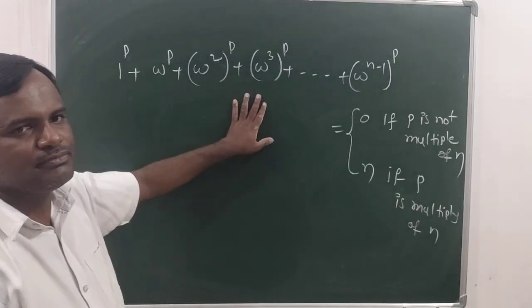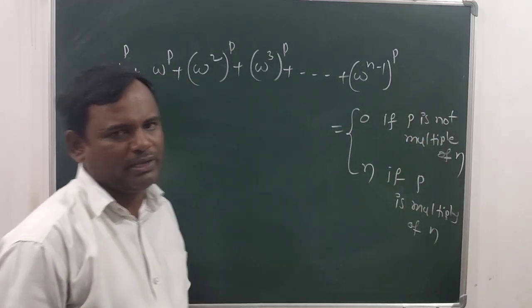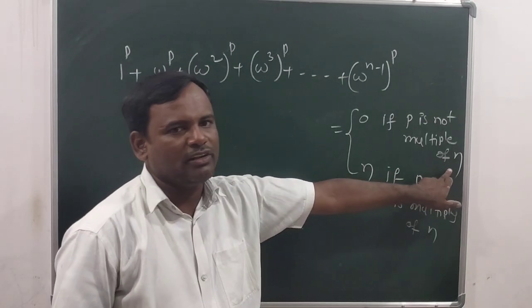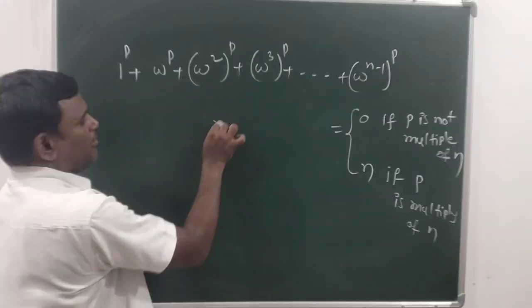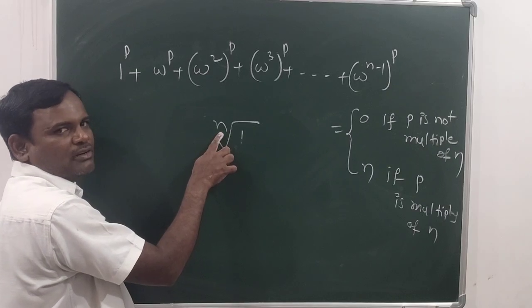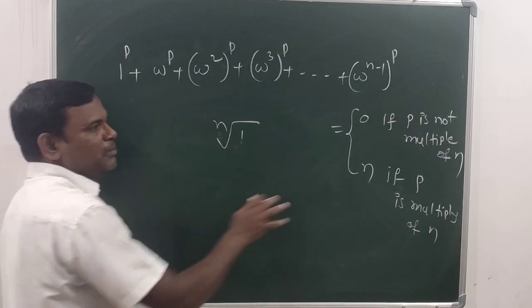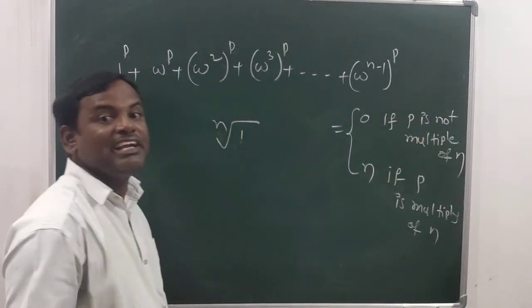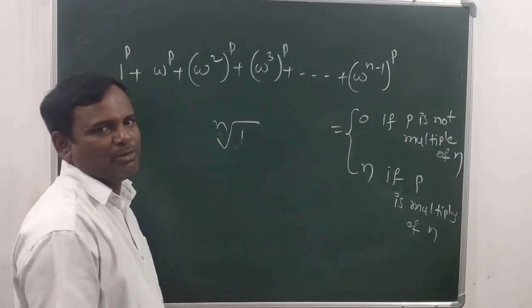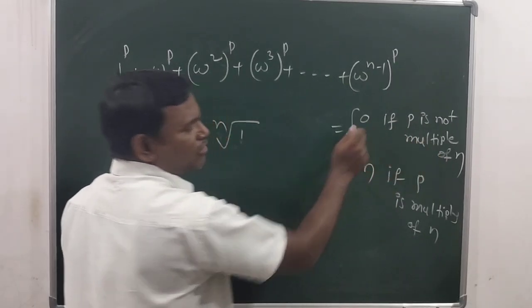So this result is equal to 0 if p is not a multiple of n. n means the nth root of unity. Here p may be any natural number, they may give you any natural number. But whenever p is not an integral multiple of n, the result would be 0.